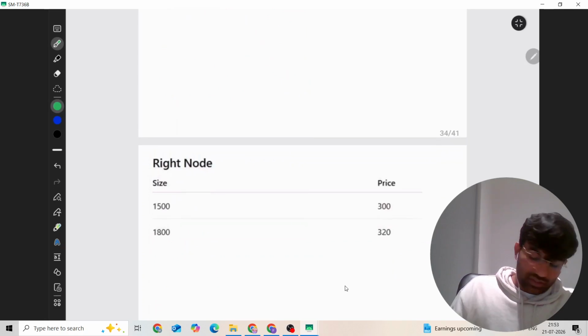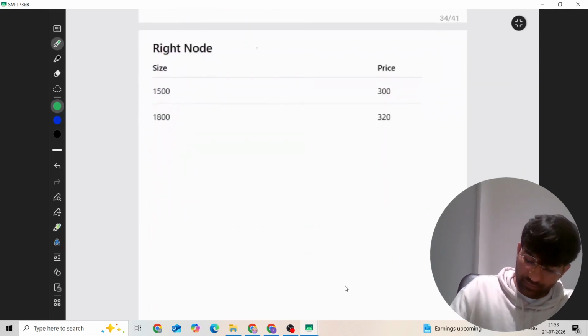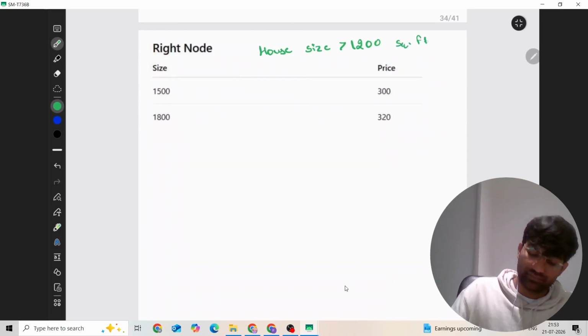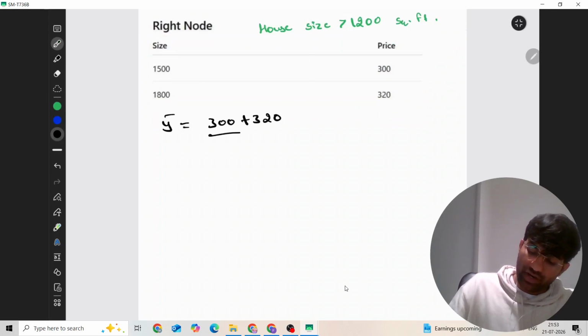Okay. Now I have to do the same for the right node, where house size is greater than 1200 square feet. What is the mean here? 300 plus 320 divided by 2, that will be 310.